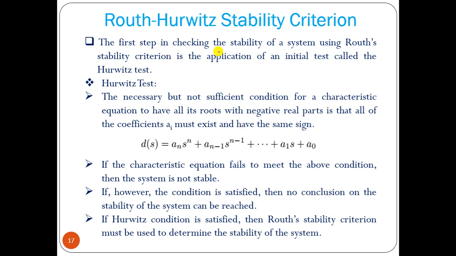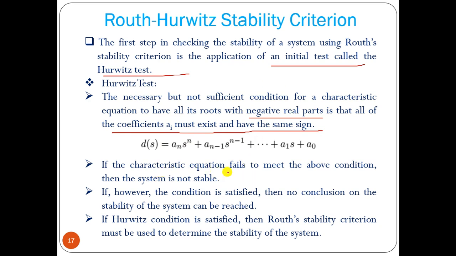Now, the first step in checking the stability of a system using the Routh stability criterion is the application of an initial test called the Hurwitz test. What is the meaning of the Hurwitz test? The necessary but not sufficient condition for a characteristic equation to have all its roots with negative real parts is that all of the coefficients must exist and have the same sign. This is the Hurwitz test.